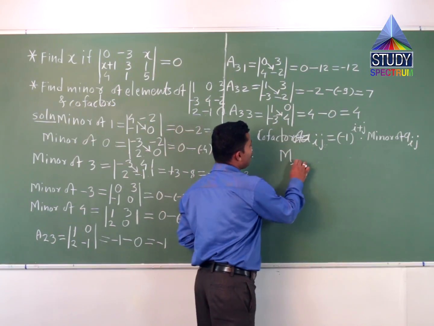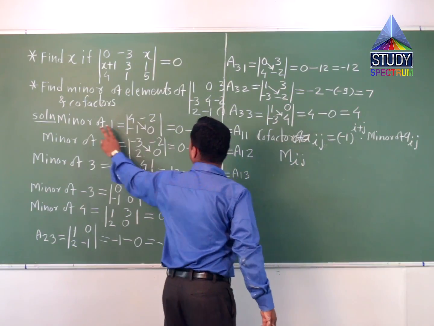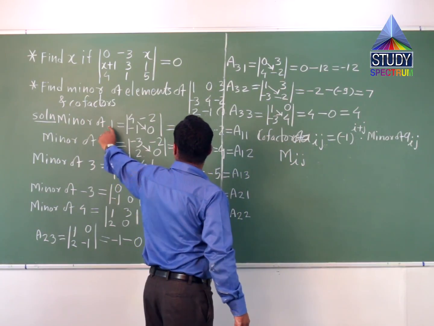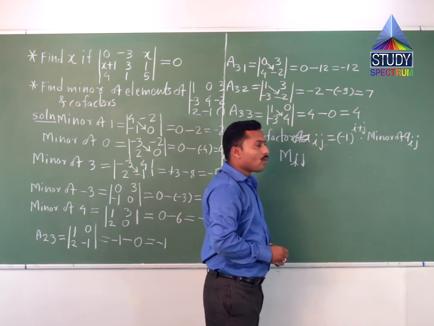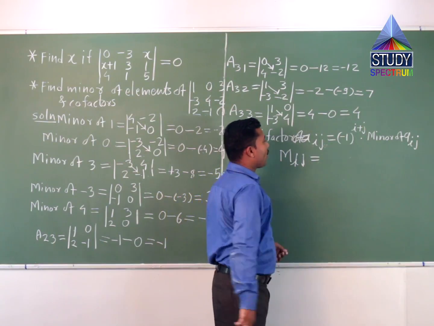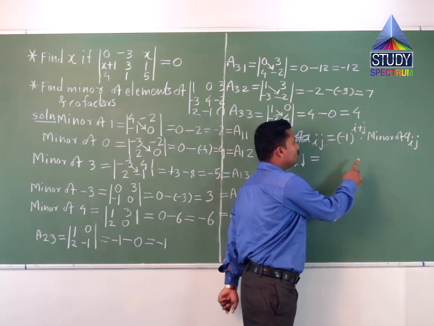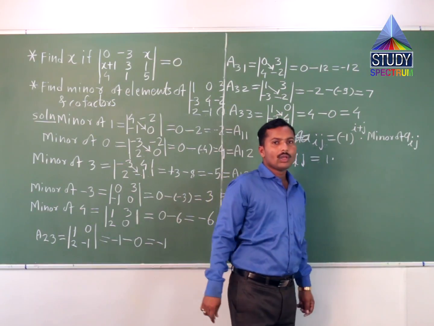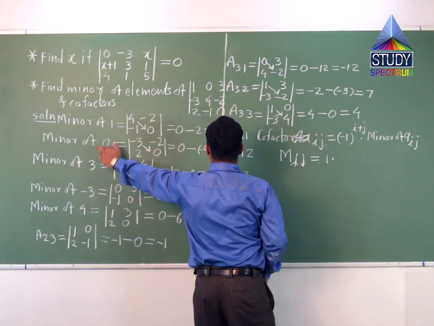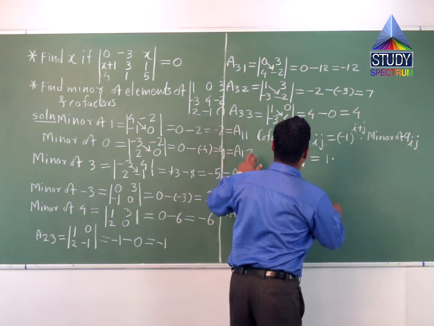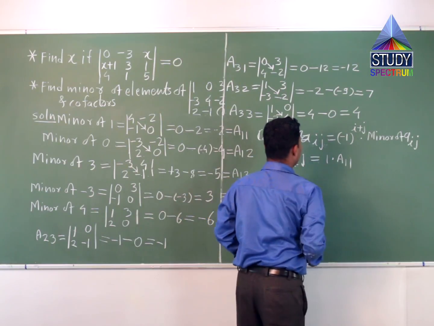The cofactor is denoted by, suppose, Mij. So suppose M11 is the cofactor of this first number 1. M11 equals 1 into the minor of A11.